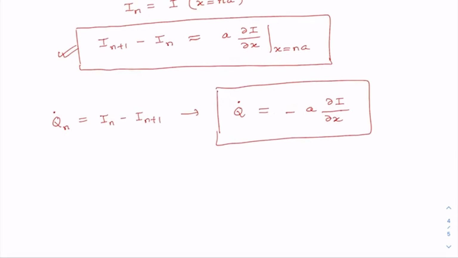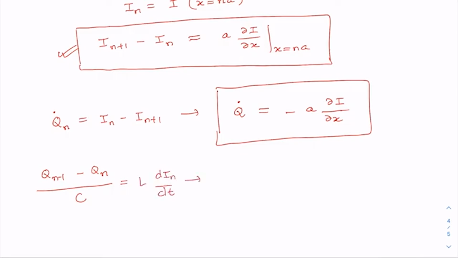And similarly the voltage drop equation, which was Q n minus 1 minus Q n, divided by C, is equal to L dI n by dt.